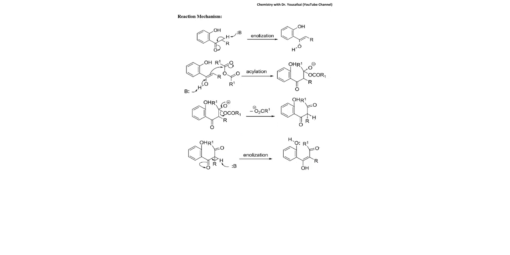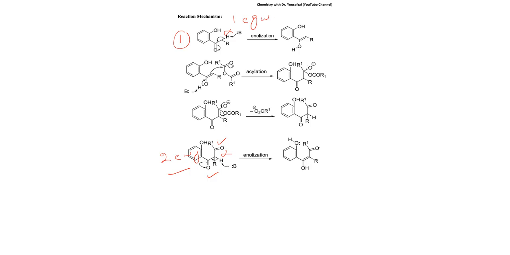In the next step, base will abstract this alpha hydrogen atom of this dicarbonyl functionality. If we compare this carbonyl functionality with the first one, the substrate or first carbonyl functionality, this alpha hydrogen is more acidic than the first alpha hydrogen atom. Why? Because in this case, two electron withdrawing groups are attached, and in the other case, one electron withdrawing group is present.